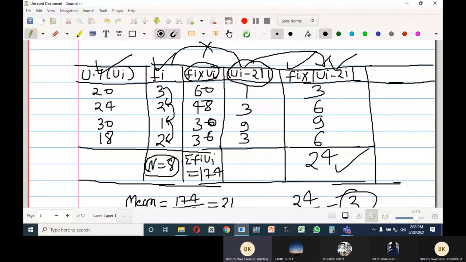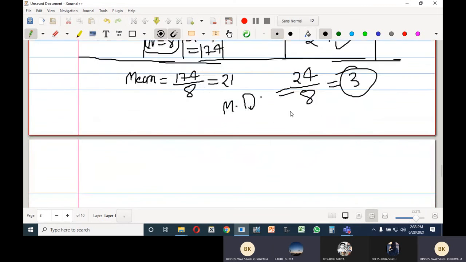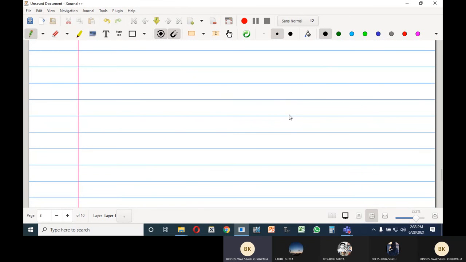Okay. So you are calculating mean deviation for grouped data in which you have a discrete frequency distribution. Just today I will give you an idea, and thereafter we will calculate in the next class.